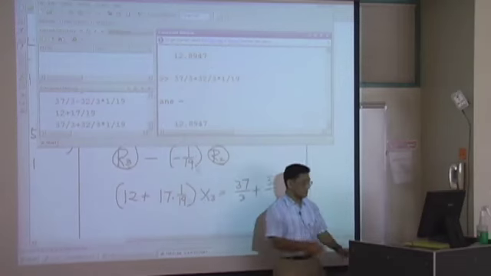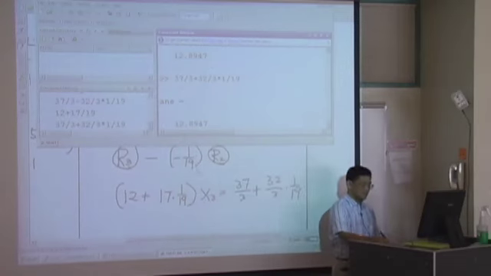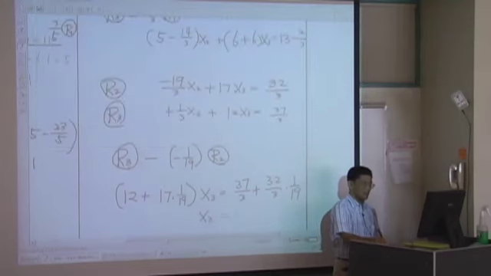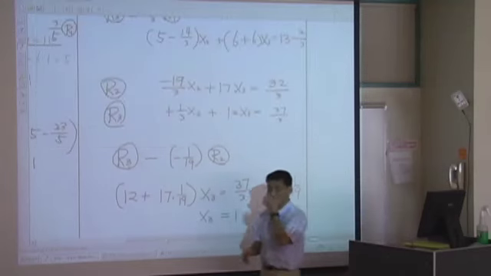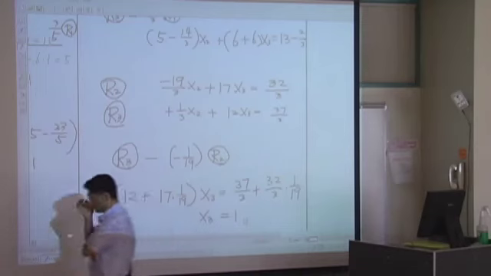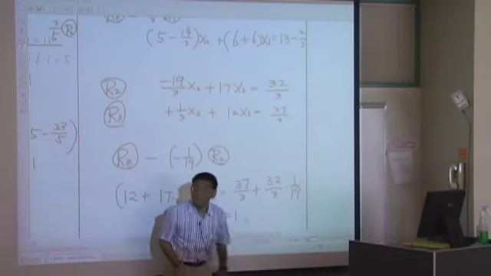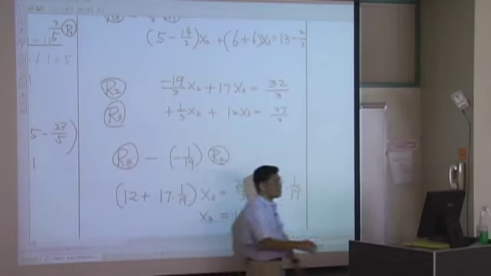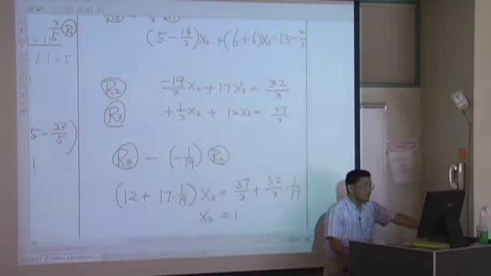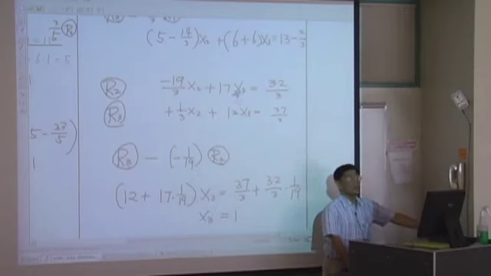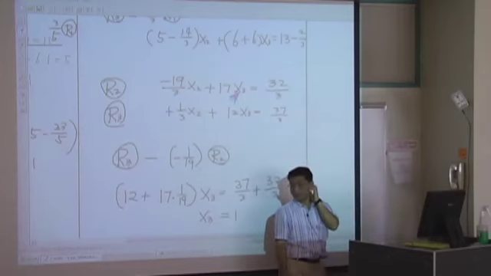So because of this, x3 is what? x3 is 1. And now we are doing back substitution, right? So we found x3, then this result should be used in this place, back substitution.